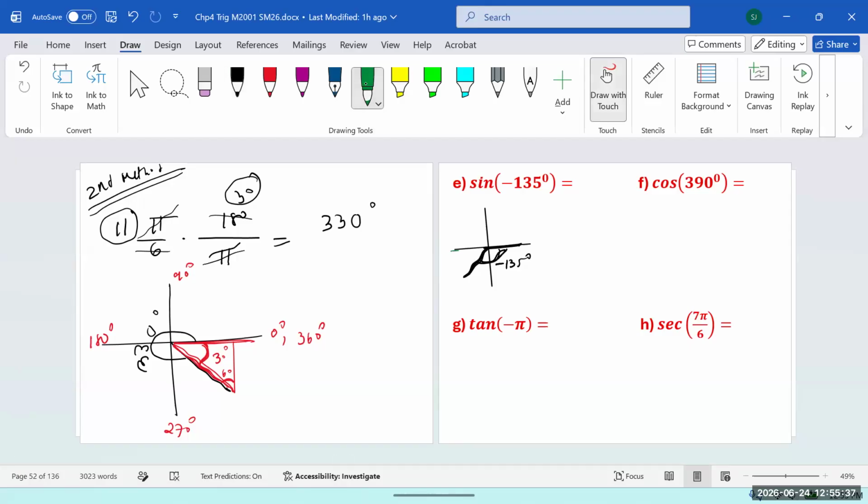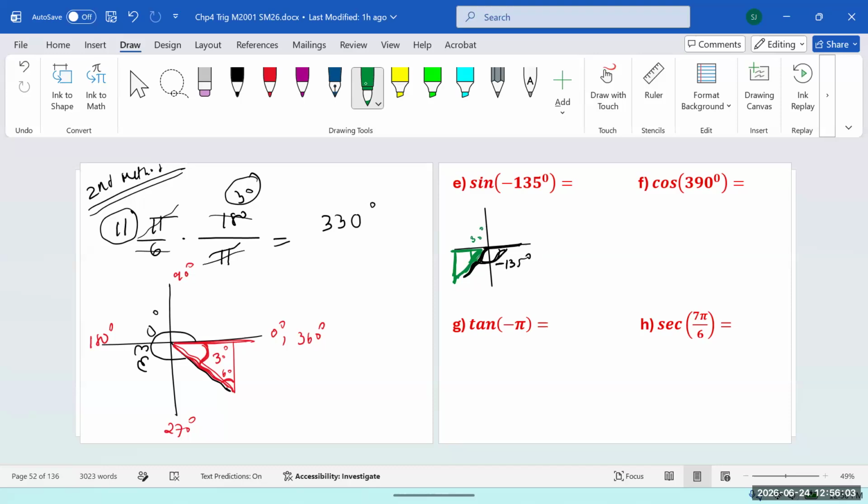That means you're looking for this reference angle, which we are going to make into a triangle. So how much is this tiny angle here? 45, how do you know? So we did 180 minus 135.